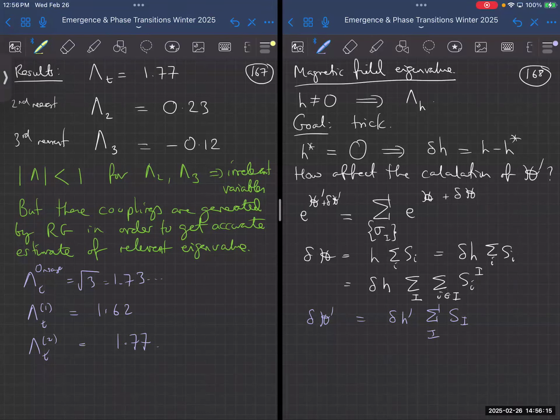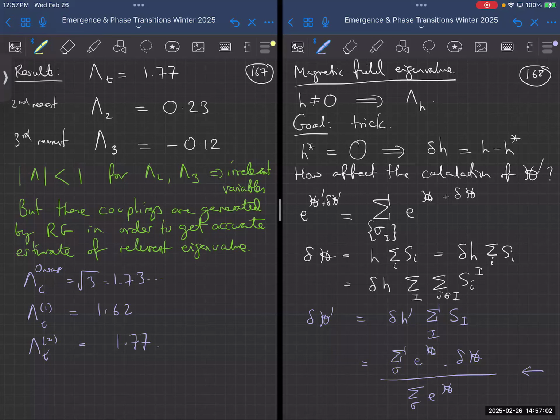So that's the perturbation to the renormalized effective Hamiltonian, and so I can write that as the sum over the spins of e to the H times delta H, divided by the sum over the spins of e to the H. So when I want to compute the expectation value of this object, what I have to compute is the things I've written over here. So I know what that is.